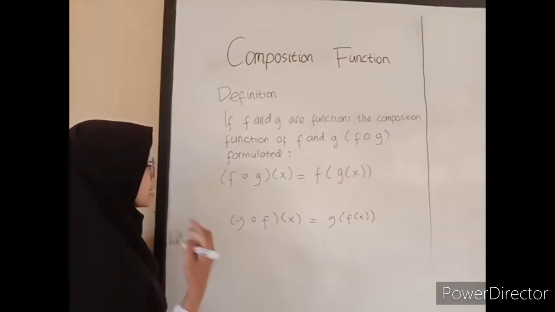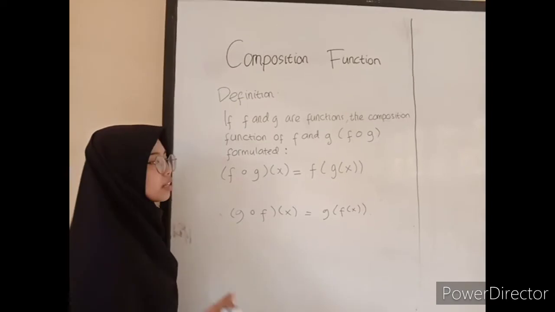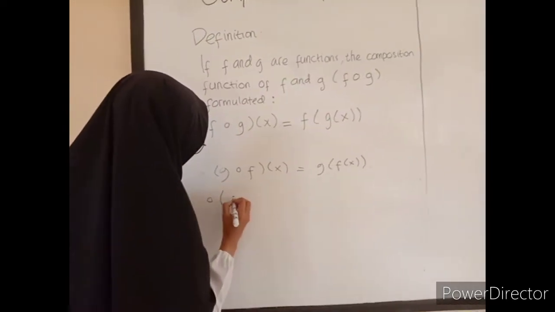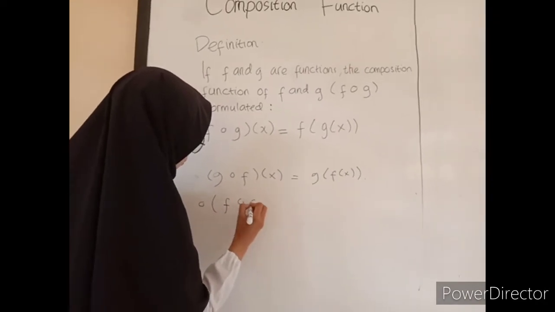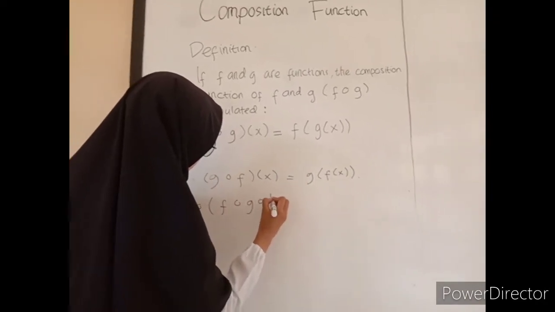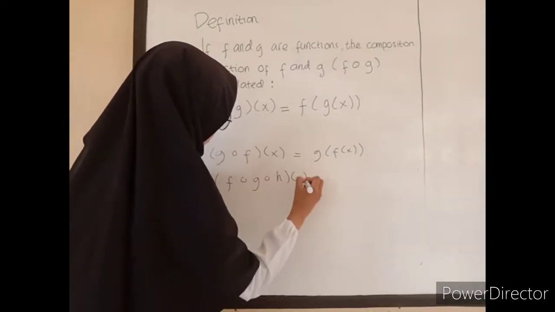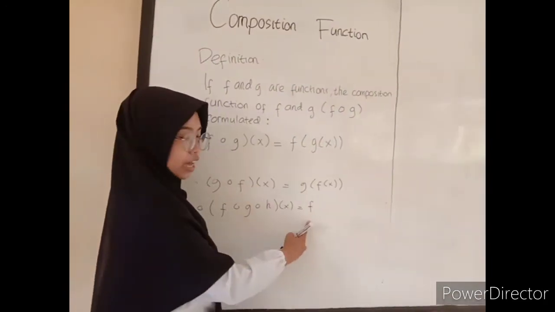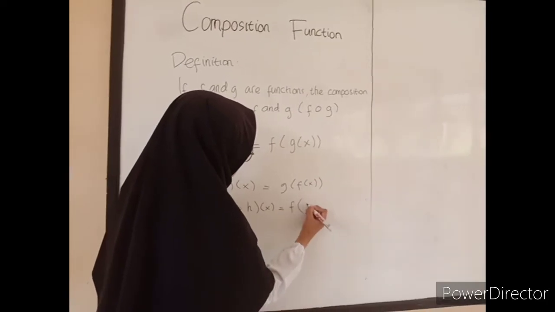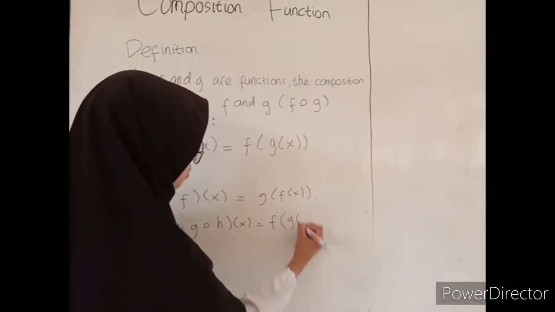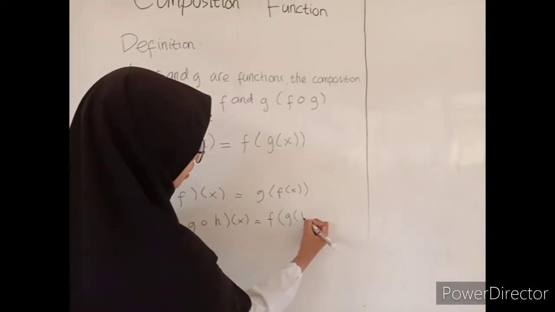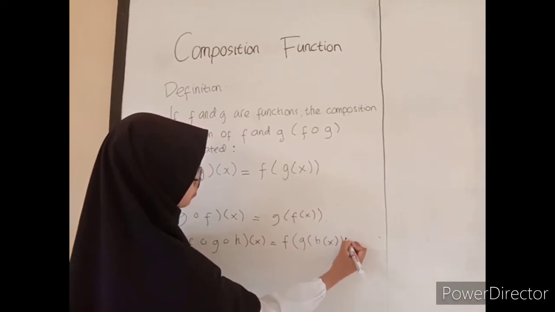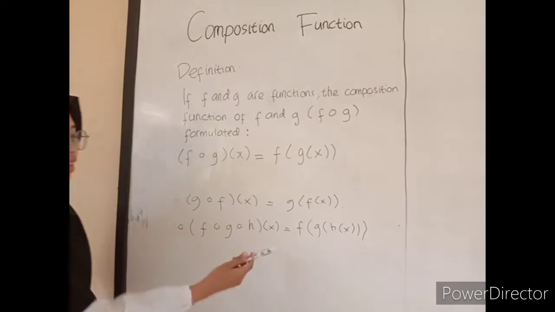Then for three functions, for example f, g, and h, we can write (f ∘ g ∘ h)(x) = f(g(h(x))). Like this.